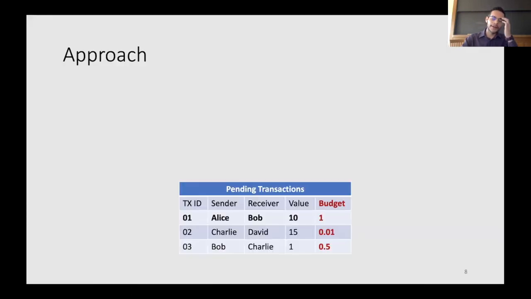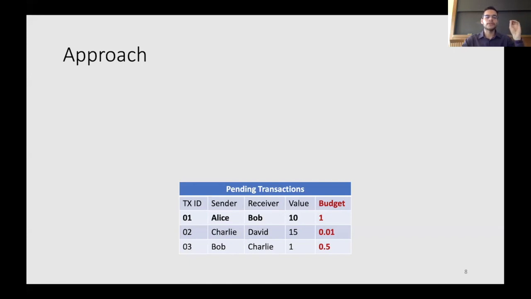So inspired by EIP 1559, the idea that we consider here is that instead of users being required to submit a tip, users are going to simply report a budget, which is how much they're willing to pay for getting block access.